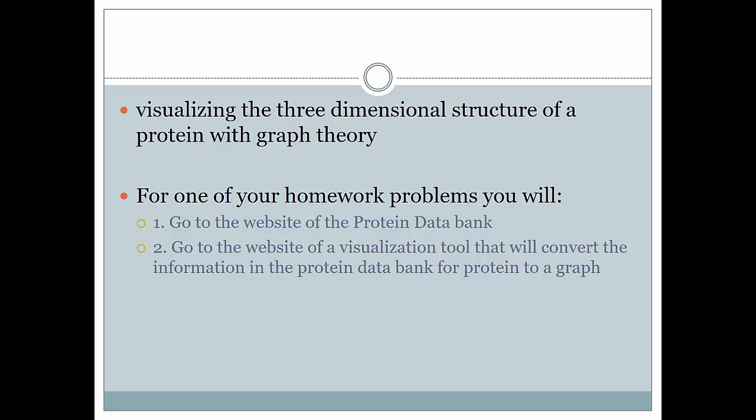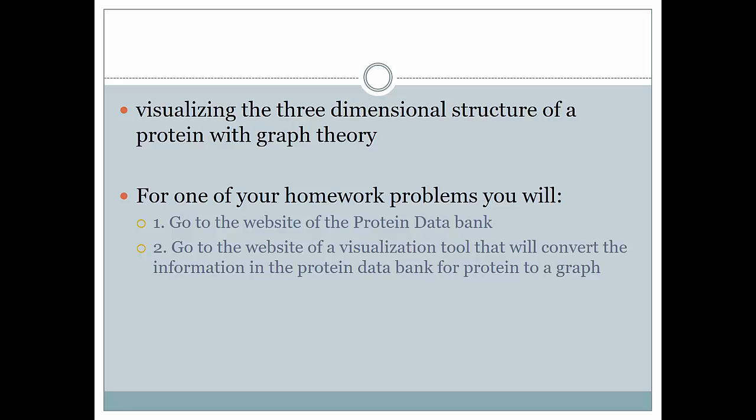What we're going to do with this lesson is utilize a web server that will read the information about the 3D structure from the protein data bank. You tell it what protein, it will go to the protein data bank and get the information about the 3D coordinates of every amino acid in that protein, and then it will construct a graph.